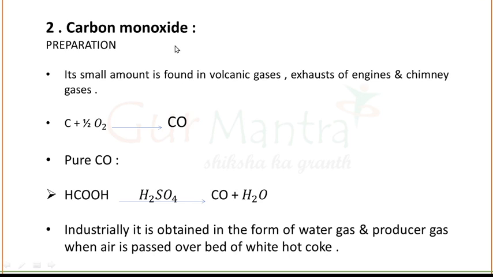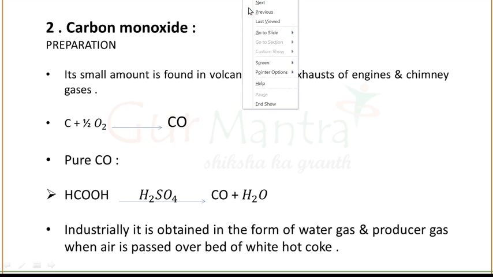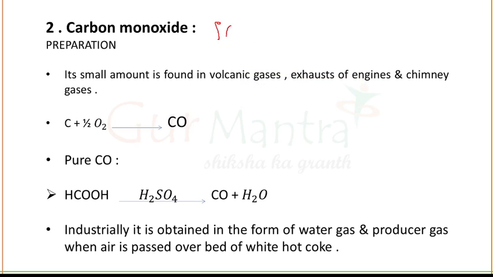Next is carbon monoxide. Carbon monoxide is a colorless, odorless and tasteless flammable gas that is slightly less dense than air. You have to remember this point: the density of carbon monoxide is less than that of air.